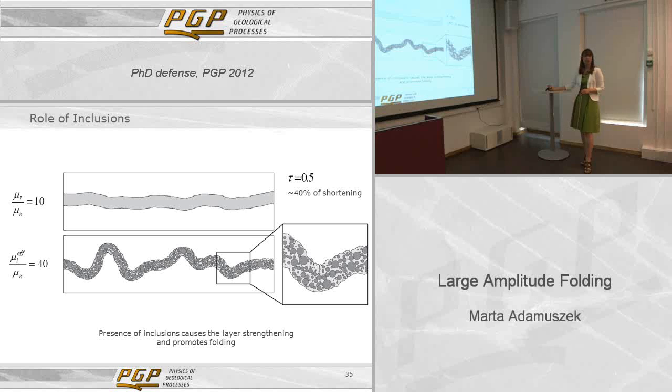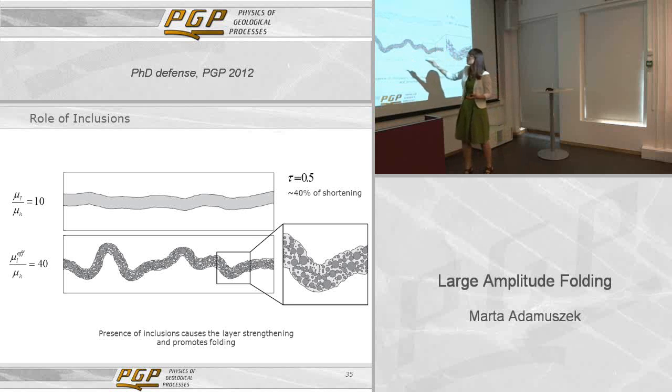And I checked what the effective viscosity is. So in this case, there's the effective viscosity ratio between layer and host that I initially used, 10. But when I had inclusions in the model, the effective viscosity ratio between the layer and matrix was 40.